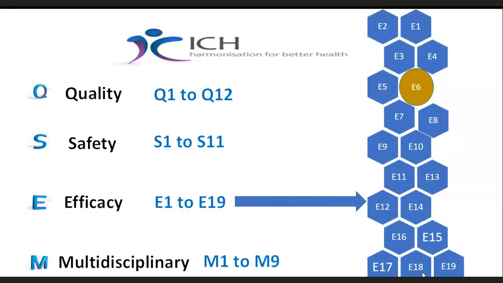So E6 is nothing but GCP. Okay, let me ask you all: what is the guideline of the ICH and what is the principle of ICH? Whatever we are seeing here on the screen, quality, safety, efficacy, is this a guideline or a principle?